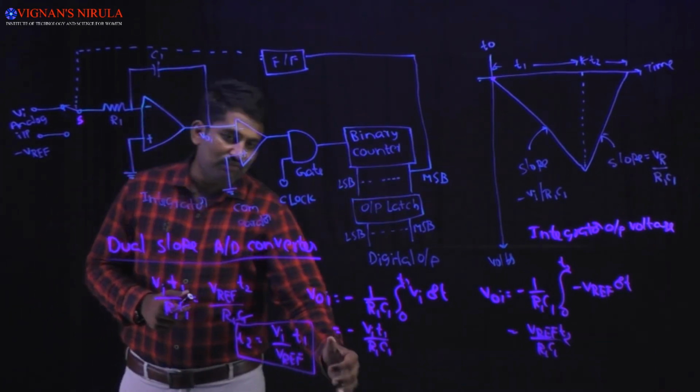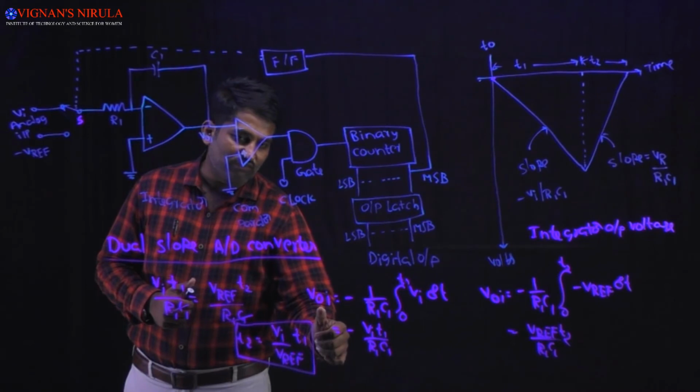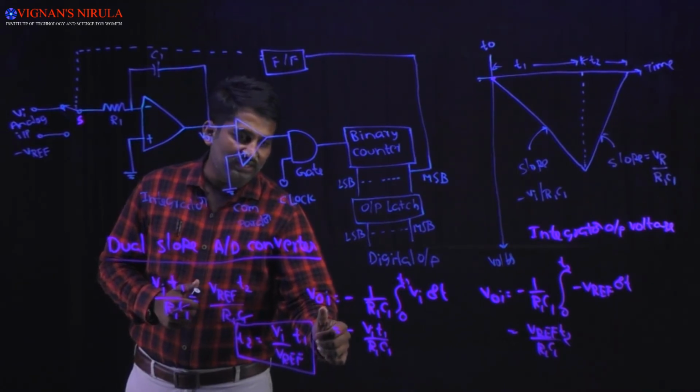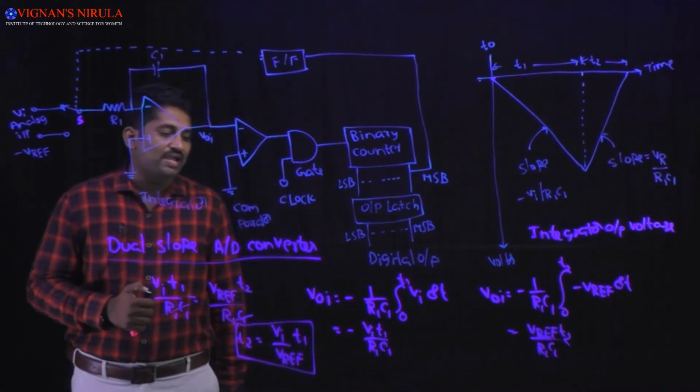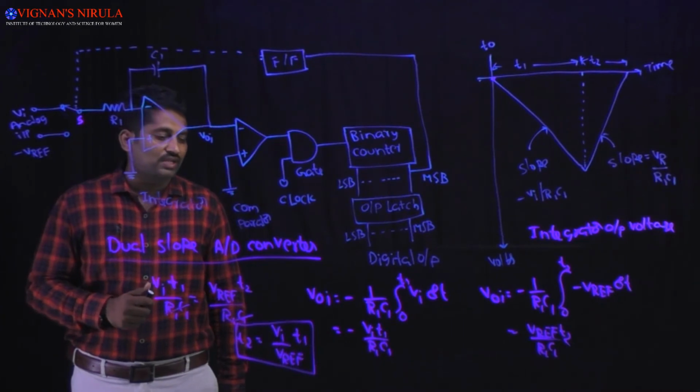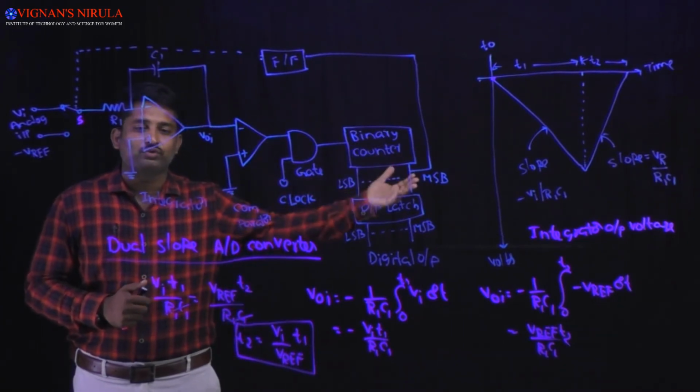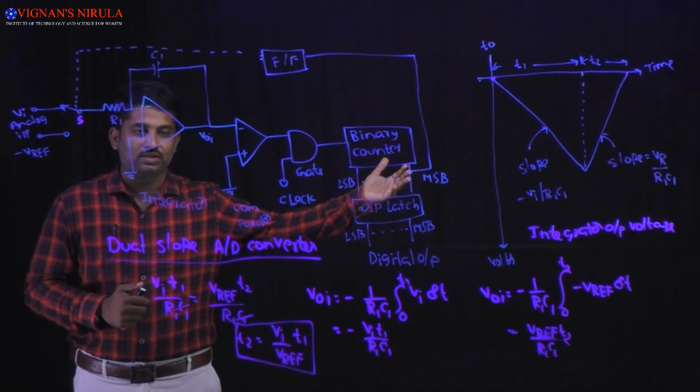So finally the output voltage of the integrator is V0 I equal to minus of Vi into T1 divided by R1 into C1 at the end of 2 power n clock periods.